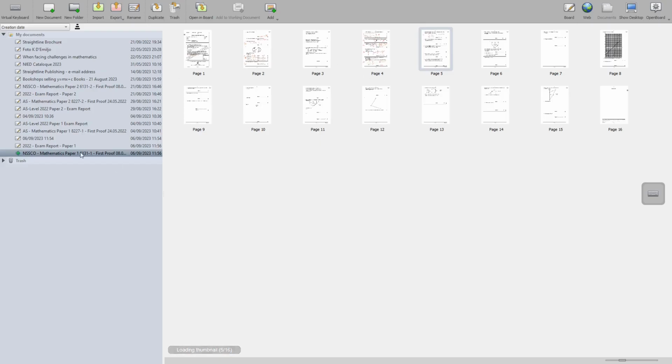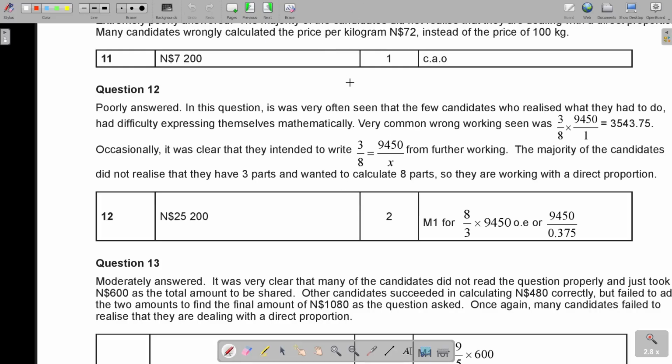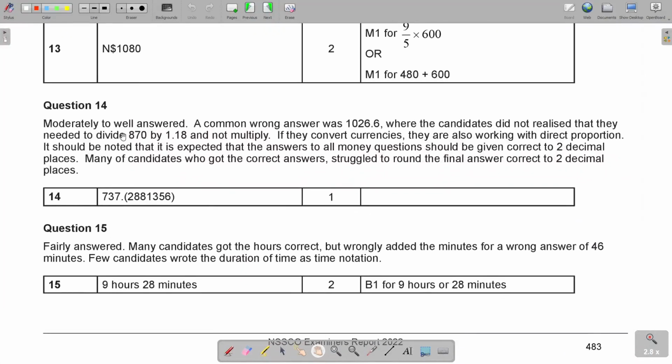Otherwise, it's too many to remember for you. So that was question number 14. It's moderate to well answered. The common wrong answer was this. Do you see, the candidates did not realize that they needed to divide by 1.18 and not multiply. If they converted currencies, they're also working with direct proportion. Again, direct proportion, as I said.